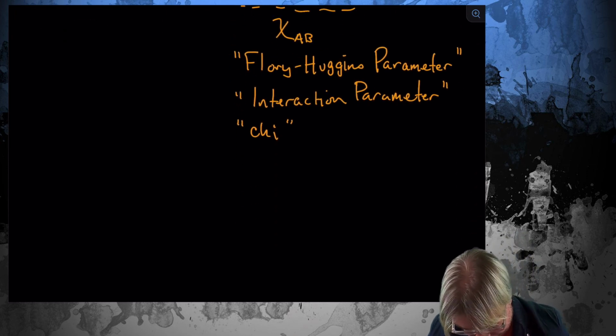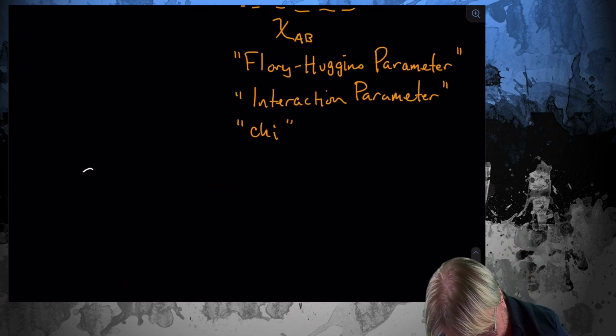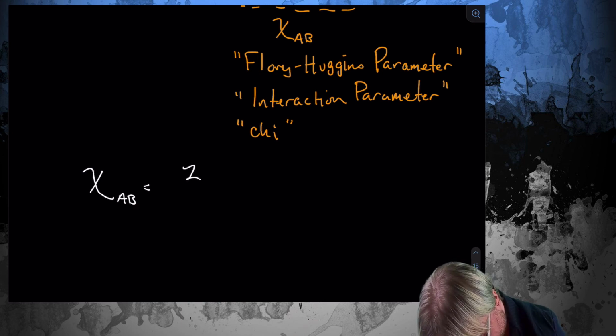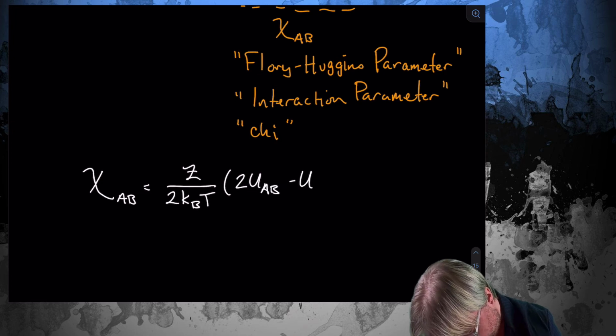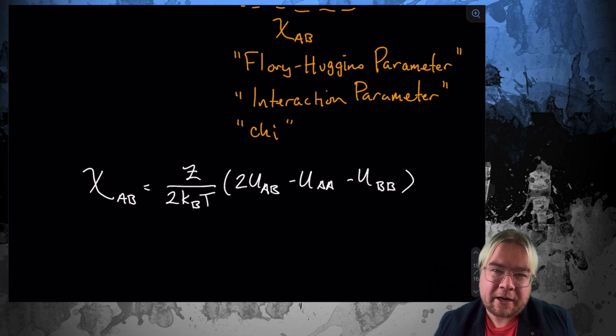So this chi then, we will define as Z divided by 2 kBT, and then times 2 UAB minus UAA minus UBB.